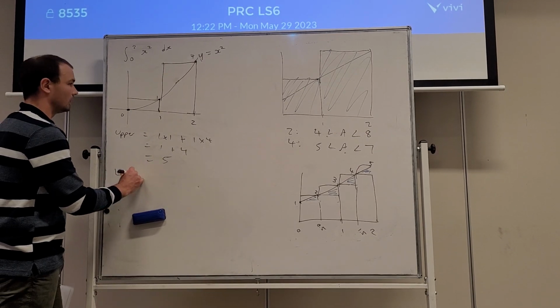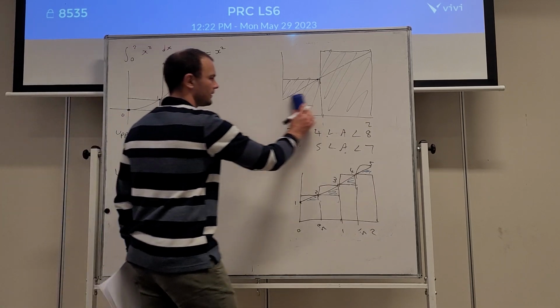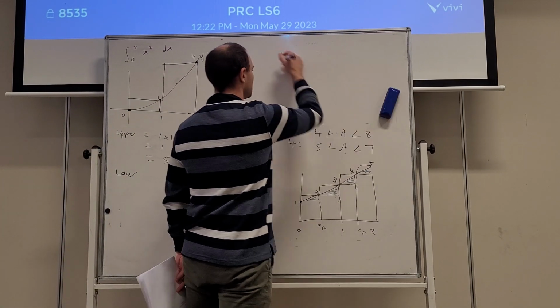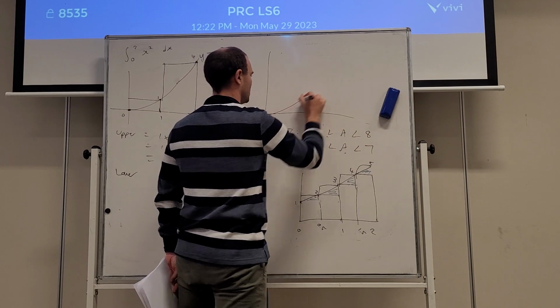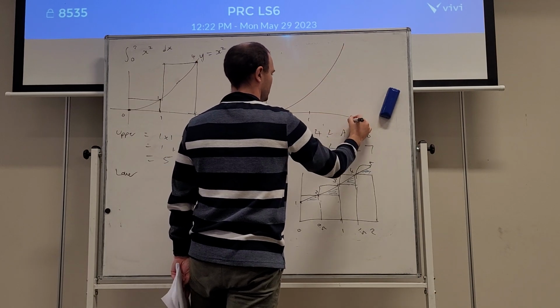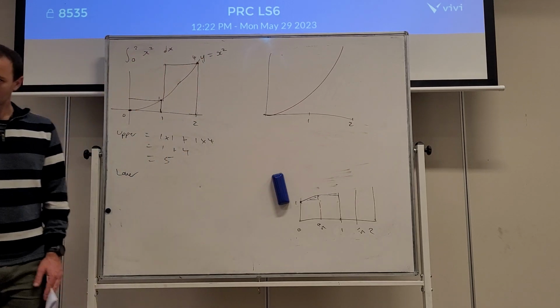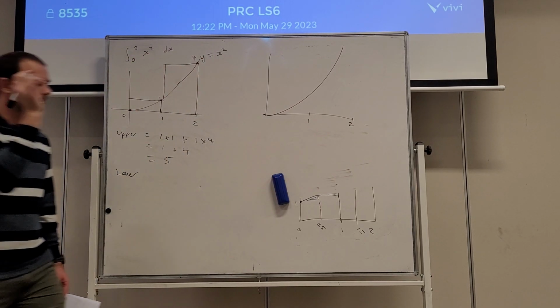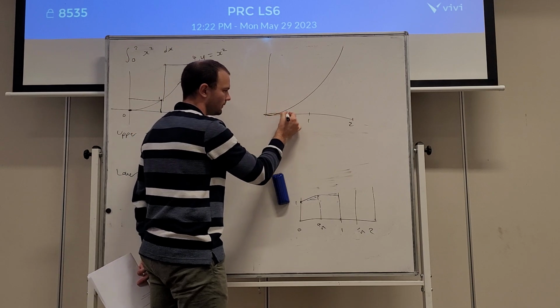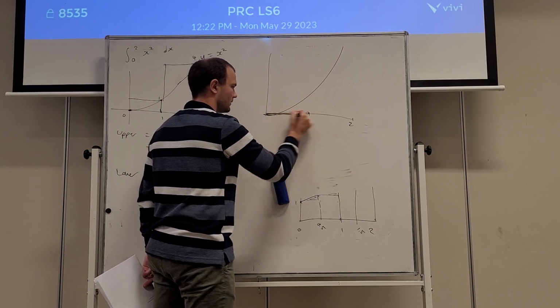Now let's do the lower, and let's consider this curve. 1, 2. If I'm going to draw a lower rectangle, it has a height of 0.